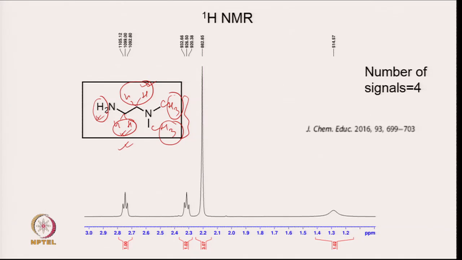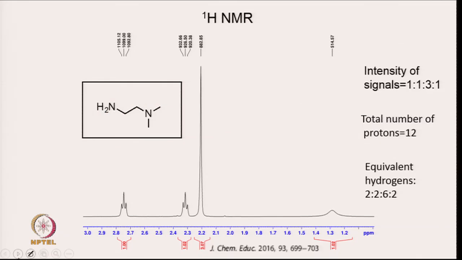So, there are 4 different kinds of protons, and so the number of signals is going to be 4. That is what we expect in 1D NMR, and this is your 1D NMR, and you can see there are 4 different peaks. So, let us go and understand how to assign this.